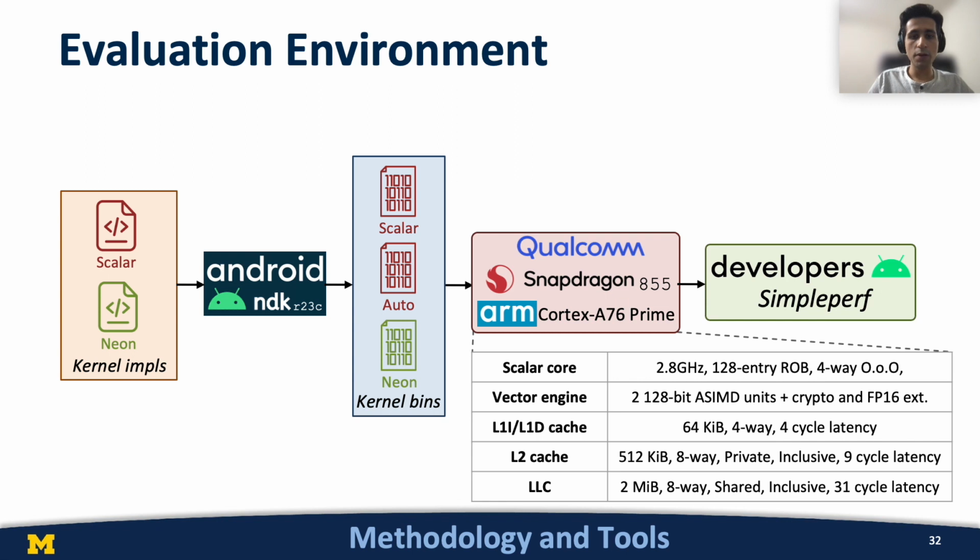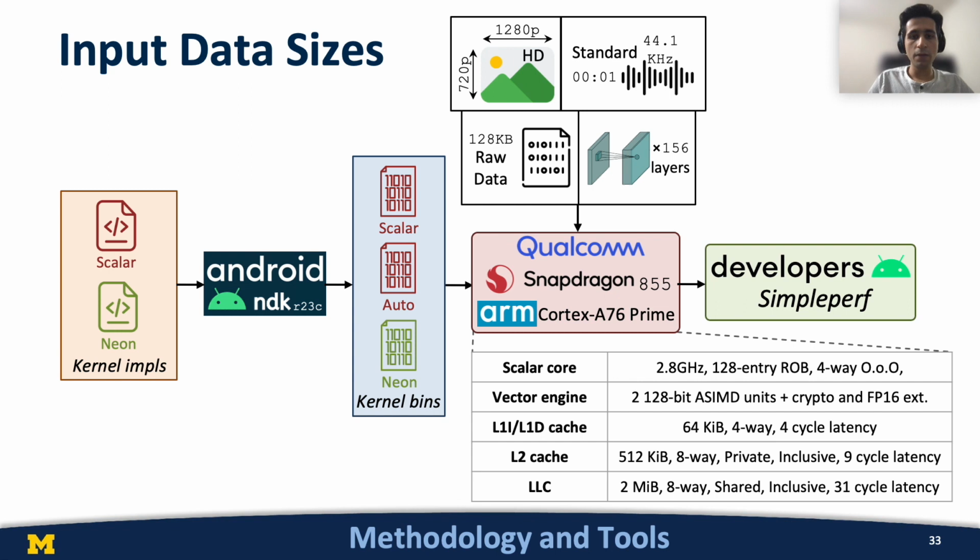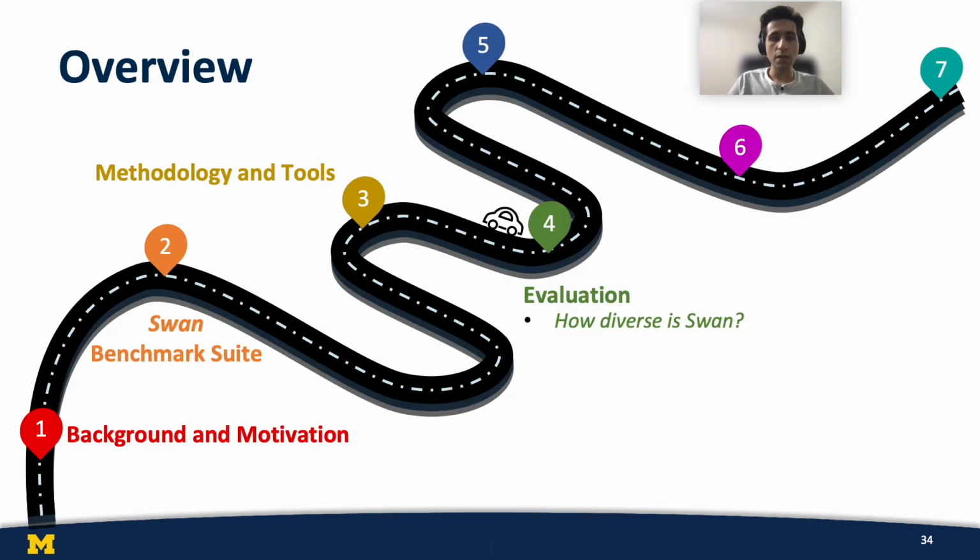We use Simpleperf to profile the performance counters of the mobile device. Finally, we feed our workloads with HD images, 1 second of a standard voice, 128 kilobyte of raw data, and 156 convolutional layers. Now it's time to evaluate Swan workloads on the mobile device.